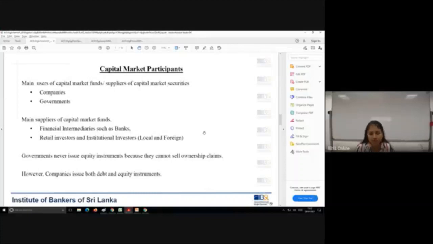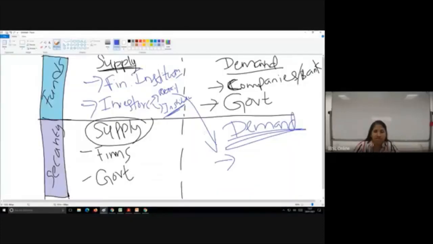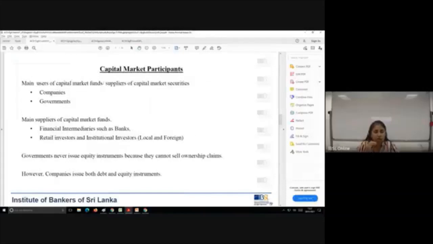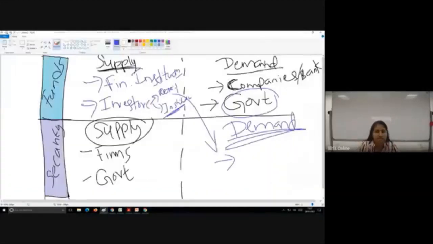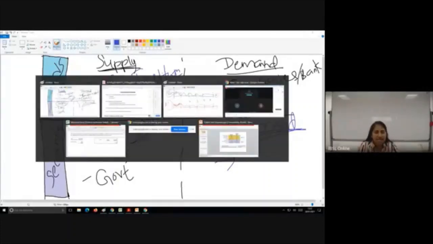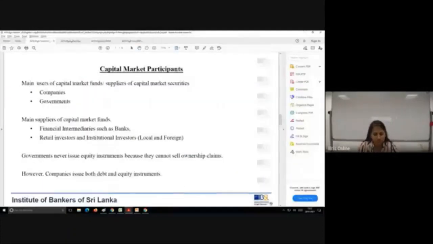What you need to know is government. Now here, when we spoke about the government operating in the capital market, they operate only in the debt capital market. They are unable to operate in the equity market, especially as someone demanding funds through an equity issue or supplying equity instruments. They can't, because why? They cannot sell their ownership claims.